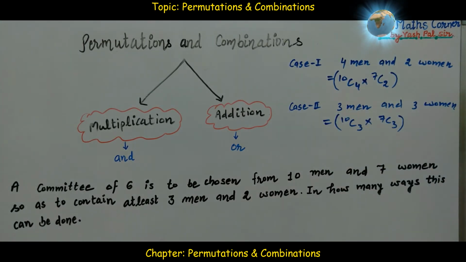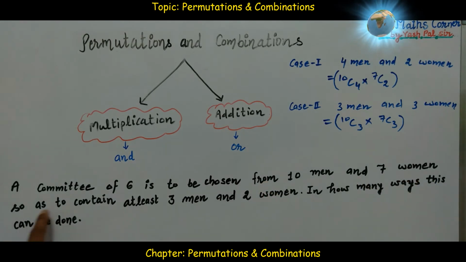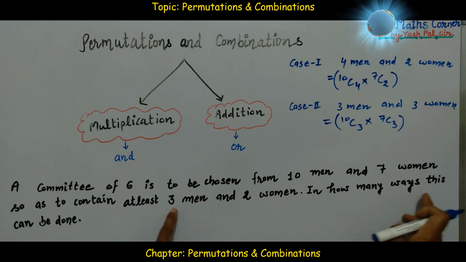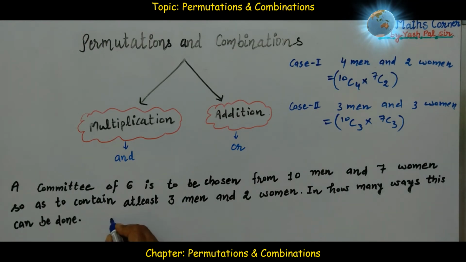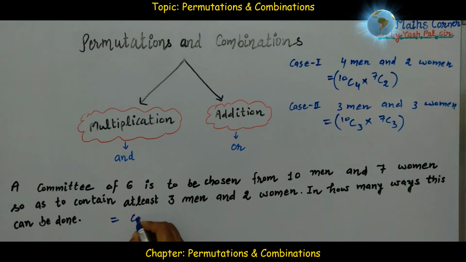So what is the question? A committee of 6 is to be chosen from 10 men and 7 women so as to contain at least 3 men and 2 women. In how many ways can this be done? This can be done using two cases: case 1 or case 2.